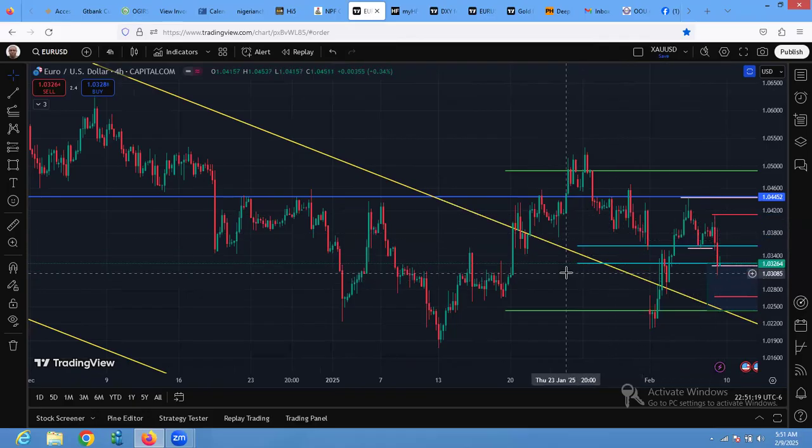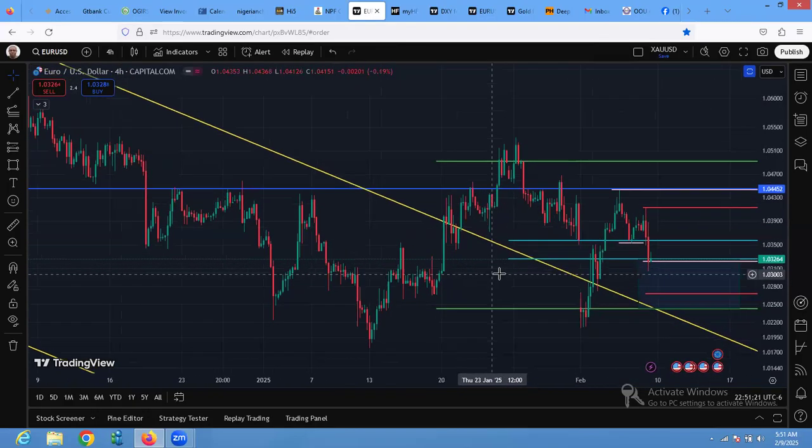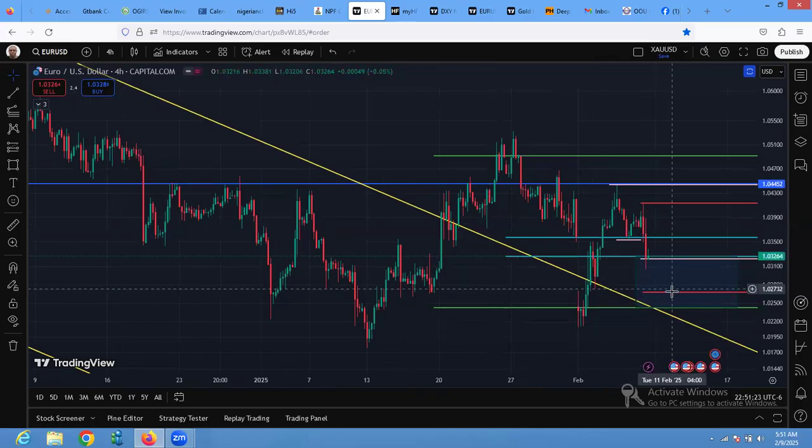So we have to be very careful going to the next week. What you want to do is pick a buy from here with your stop loss around this area, because you don't expect a break below this area. If it turns impulsive and goes down, then it takes you out on a small loss, because what we expect is a break to the upside.